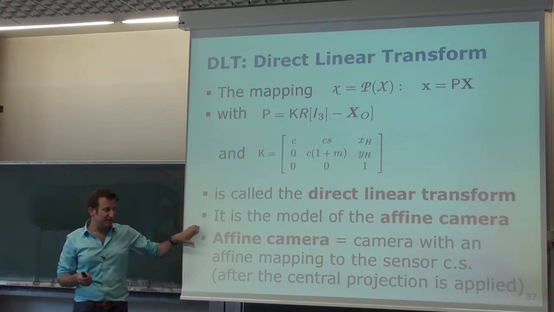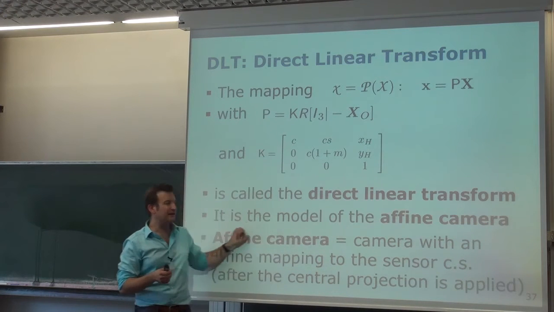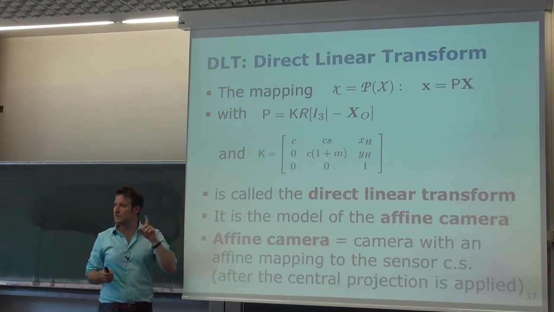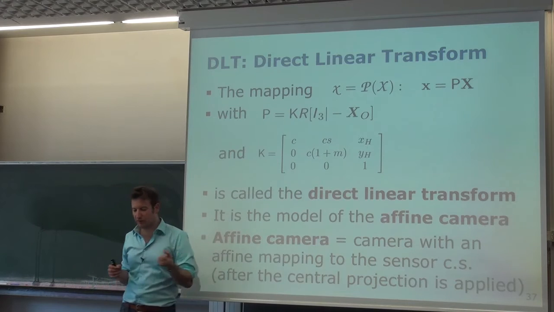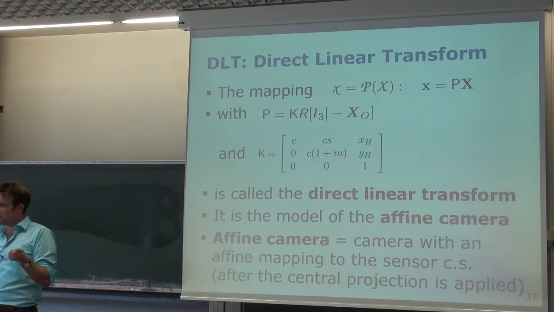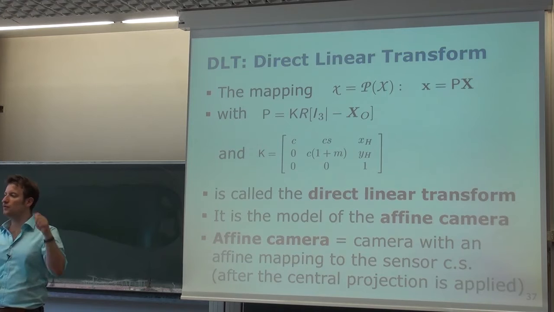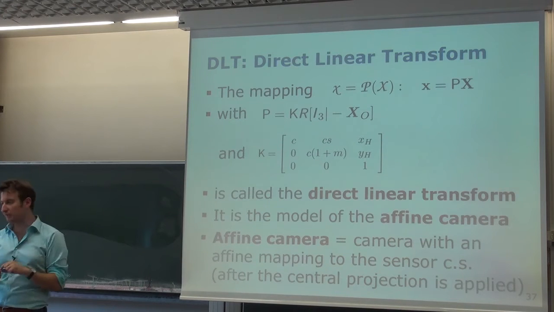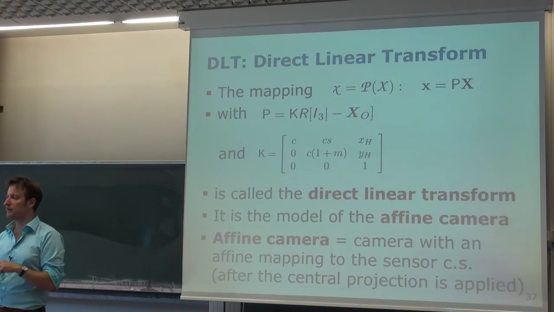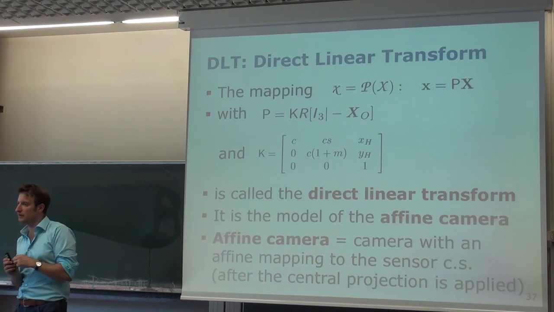Again, the term affine camera should be read with care. It basically means that the mapping from the image plane to the sensor coordinate system, or the sensor frame, is an affine transformation.